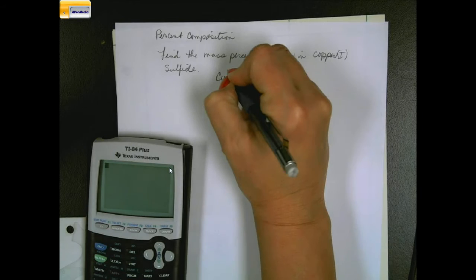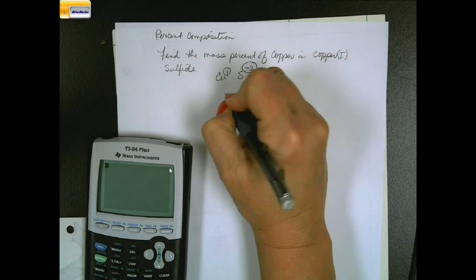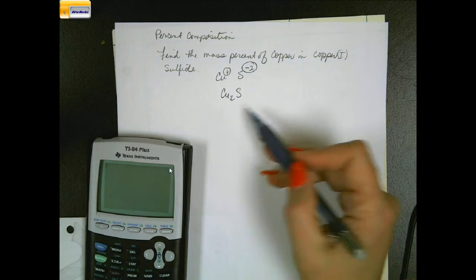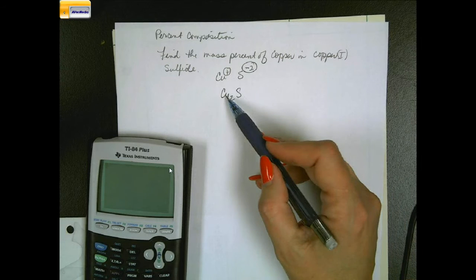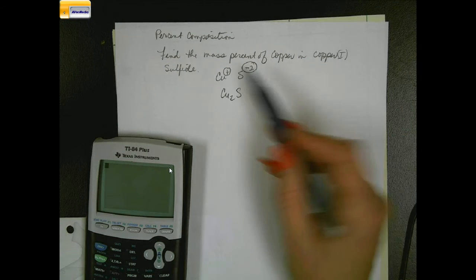Copper 1 has a +1, sulfide is a -2, and so I will need 2 coppers for every 1 sulfur. These are mole relationships. For every 2 moles of copper, I have 1 mole of sulfide, but I want this in mass.